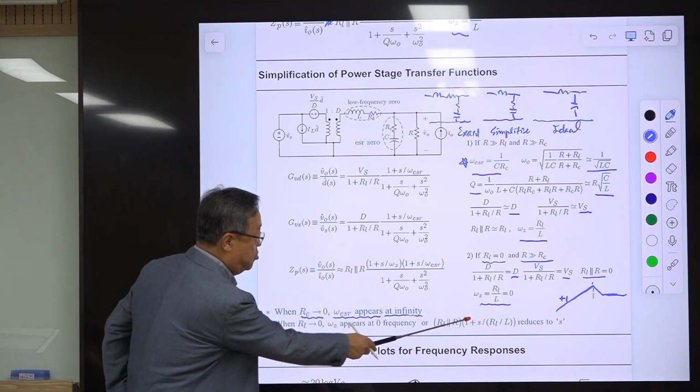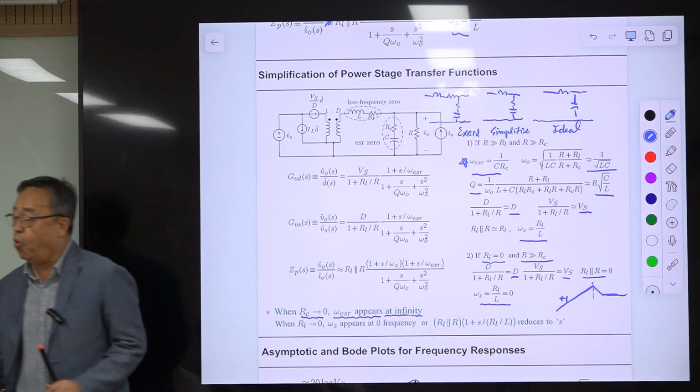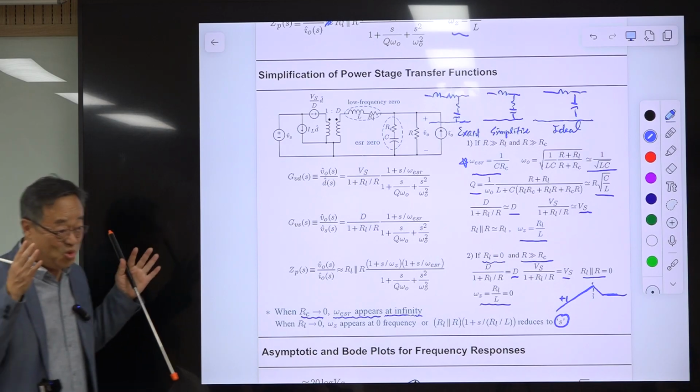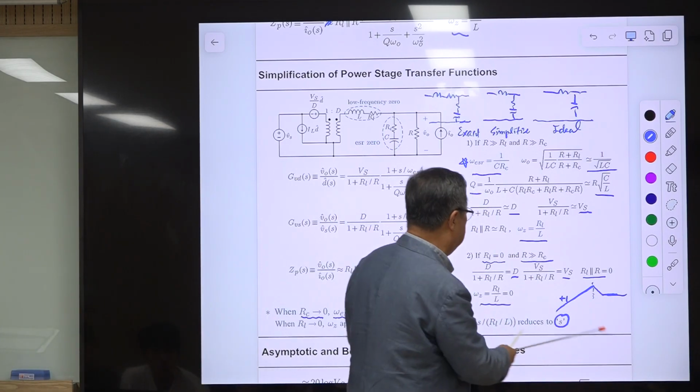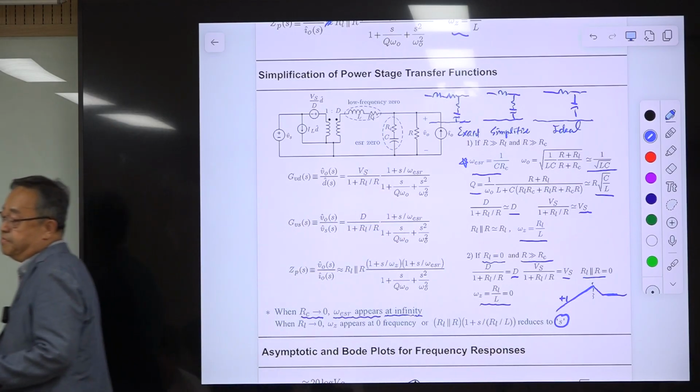You can easily deduce this, and it reduces to S. Only this S, which is differentiation, remains. It survives. So you start from S, then you have this differentiation in the beginning.